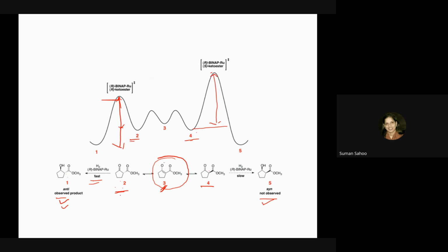So the major product comes from conformer number 2, not from conformer number 4. So in this kind of reaction, if you have a mixture of both 2 and 4, mostly 2 will give you 1. So to maintain the equilibrium, more and more 4 will be interconverted to 2. So the major product would be the product which is formed from enantiomer number 2.